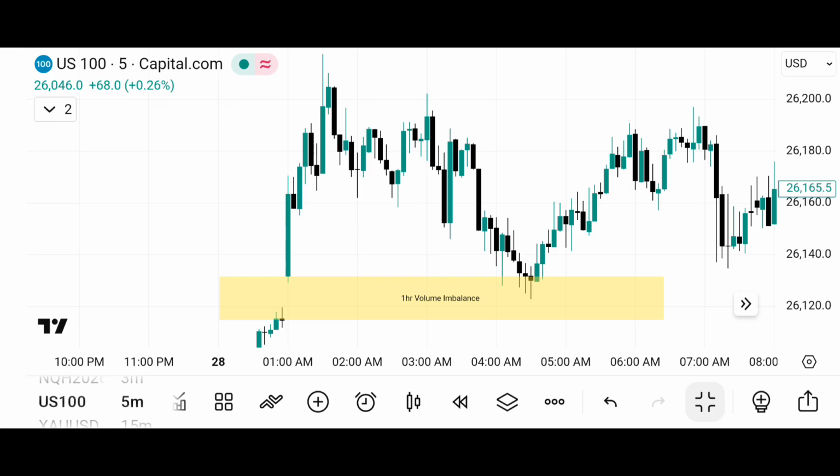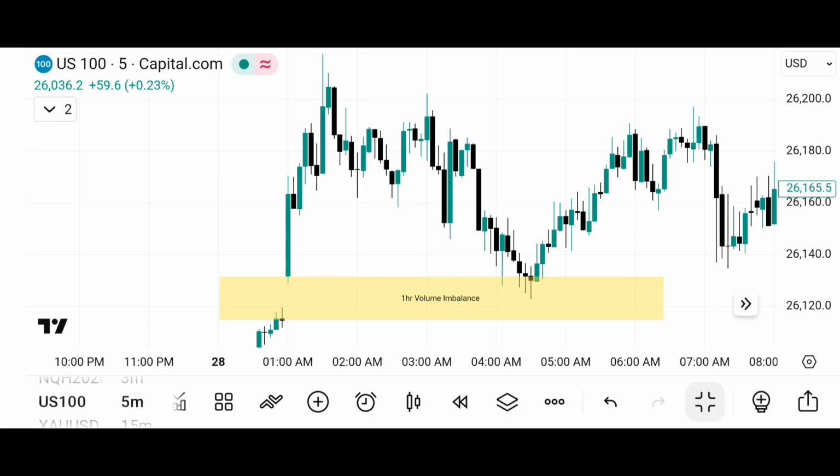The ICT silver bullets are the London session key zone. So the silver bullet is a 1 hour time window. It's a time-based setup, a 1 hour time window whereby price moves swiftly to liquidity during that time window.